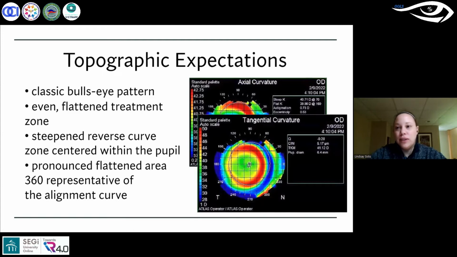And so it's very useful not only in our irregular corneas, determining the type of cone that we see, but also in our orthokeratology patients, looking at what their visual result is, what their corneal result is, and are those things matching up? Is our reverse curve captured within our pupil and giving us that myopia management that we want? Is the overall flattening central and providing the visual result that we would expect?